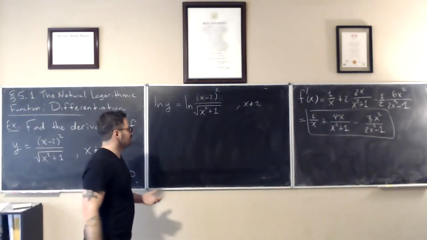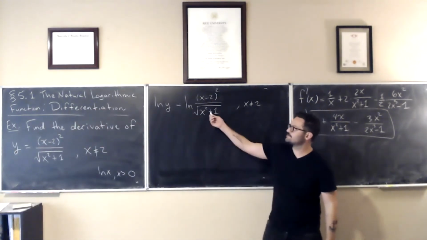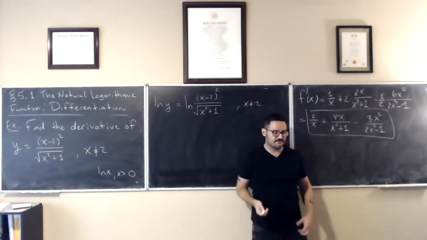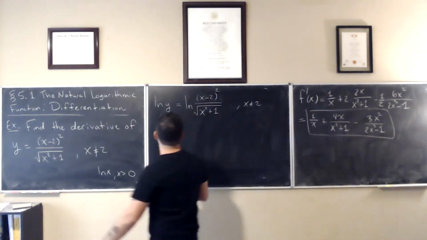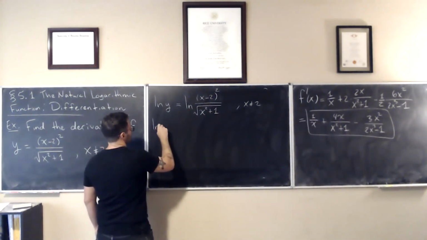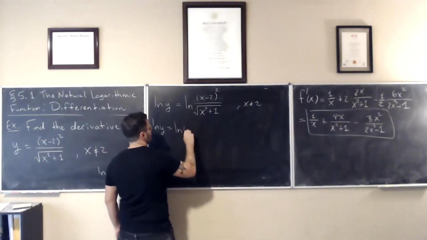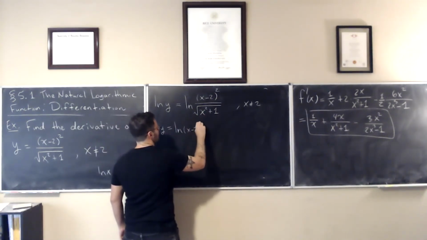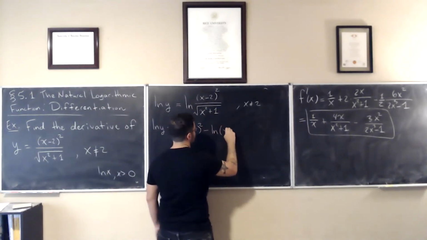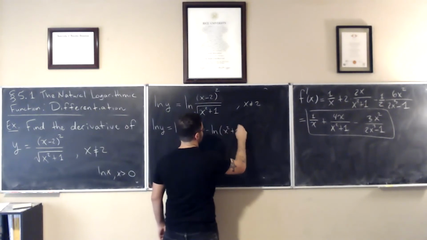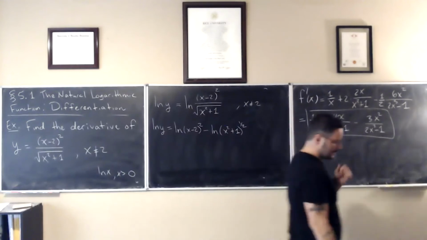But how does this help us? Well, it helps us because now we can apply the rules to expand natural logarithms to make this less messy. So what do we get? We get that natural log of y is equal to the natural log of x minus 2 all squared, minus natural log of x squared plus 1 all raised to the power of 1/2, since it's the square root.